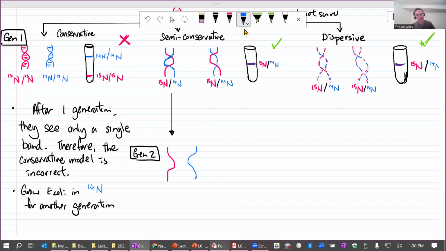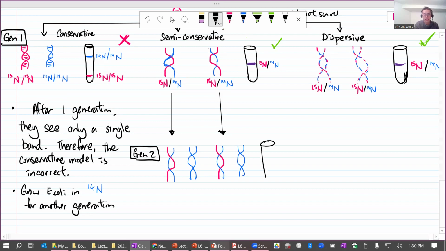Only N14. So it's going to have a blue strand here, a blue strand here. Same situation here. You will separate them, and then you will build the blue strand.